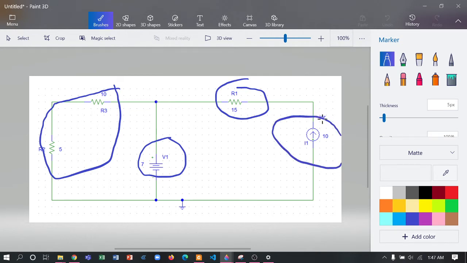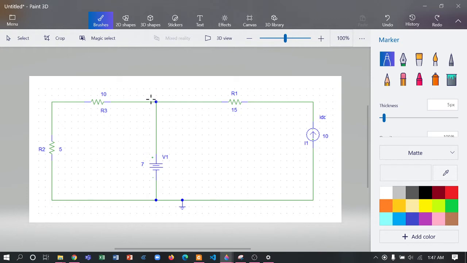So we can see that branches have these things, but nodes are just points, and nodes connect two or more branches at a point. So we can call this a node, and we can call this one also a node.